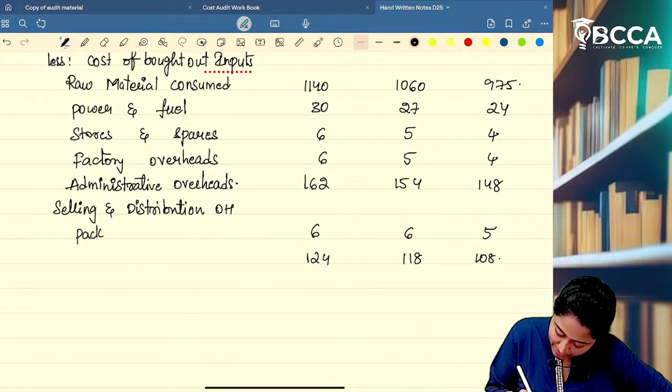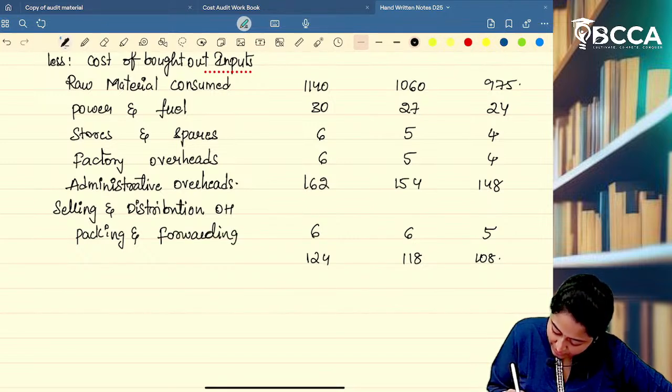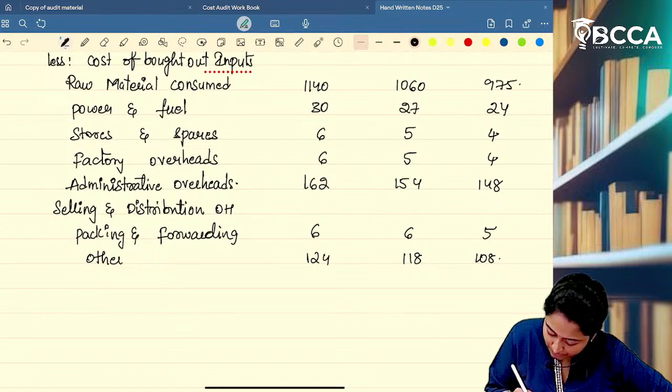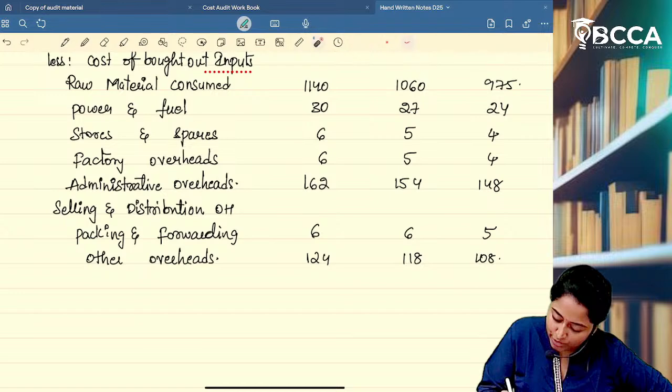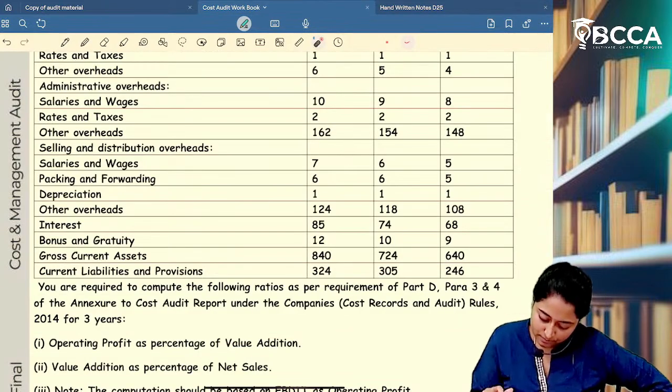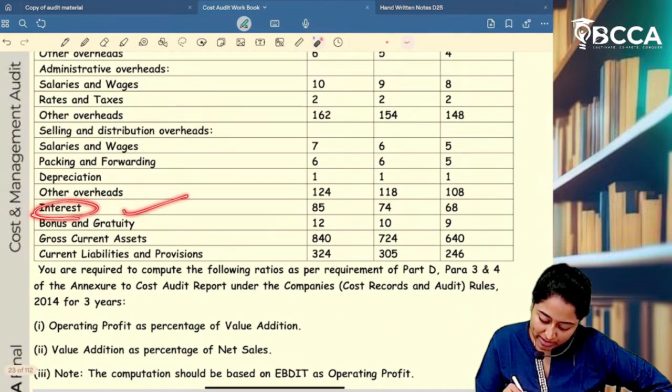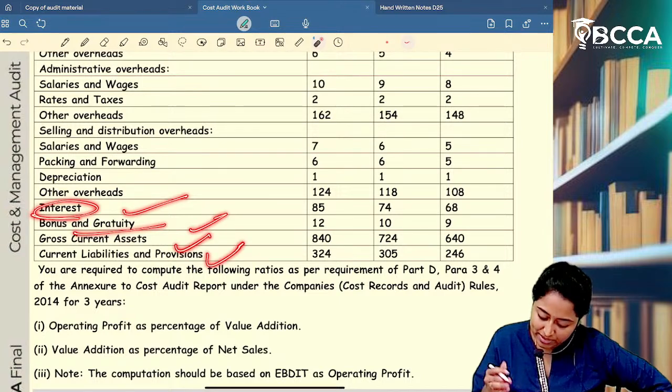Here it is packing and forwarding. And these are other overheads. Are you following? Then interest will not be taken, bonus will not be taken, assets liabilities will not be taken.